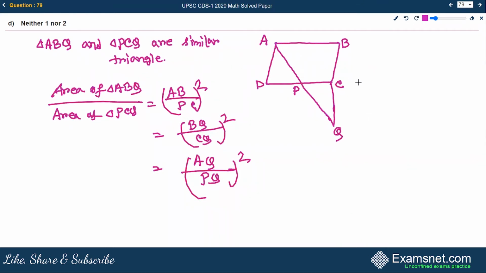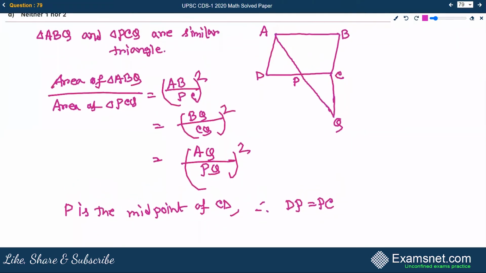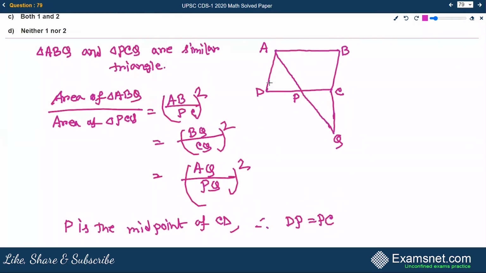Here P is the midpoint of CD. Therefore, we can write DP equals PC, correct? And you can also see there is a Z forming. Look at this Z. This is the Z, right?